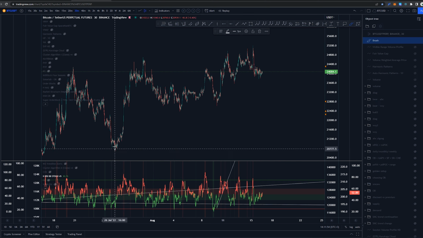So this could be a 3-wave structure like so, 3 waves up and then another 3 waves. So this could be some kind of 3-wave structure all the way down here, or we can end it down here already as some kind of 3-wave like so, and then we would have this as a 3-wave.